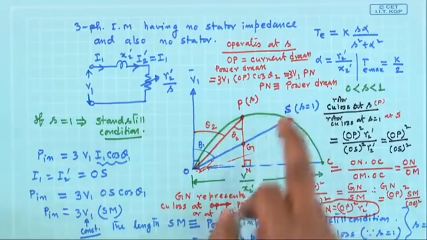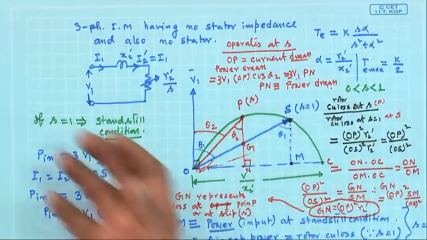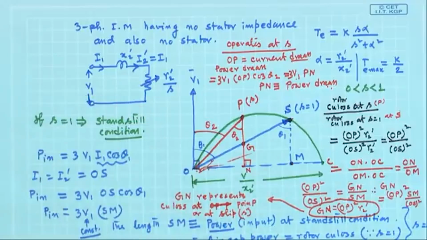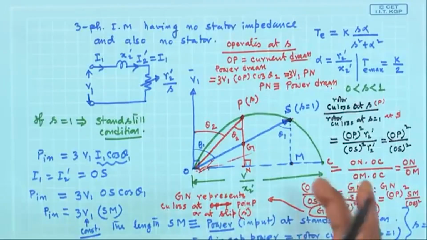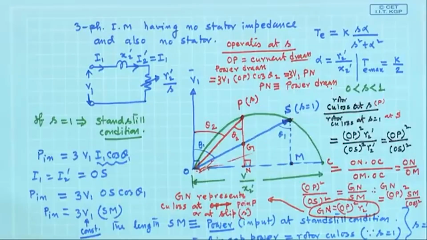At standstill condition there is no mechanical power output and all power that has been drawn is equivalent to air gap power. As for where that air gap power goes, there is no mechanical power output, everything will be lost in the rotor copper loss, that is SM, OS square into R2 dashed.